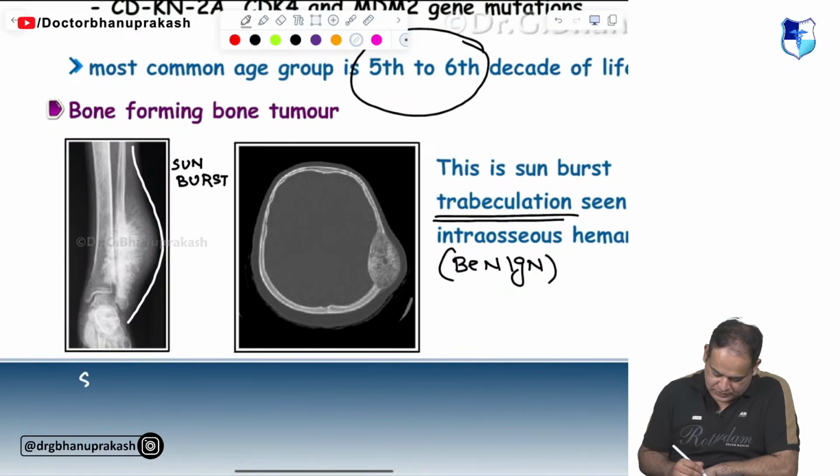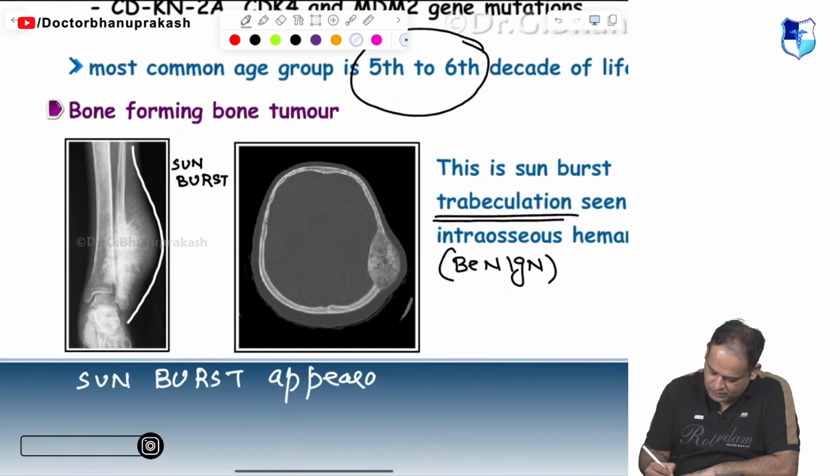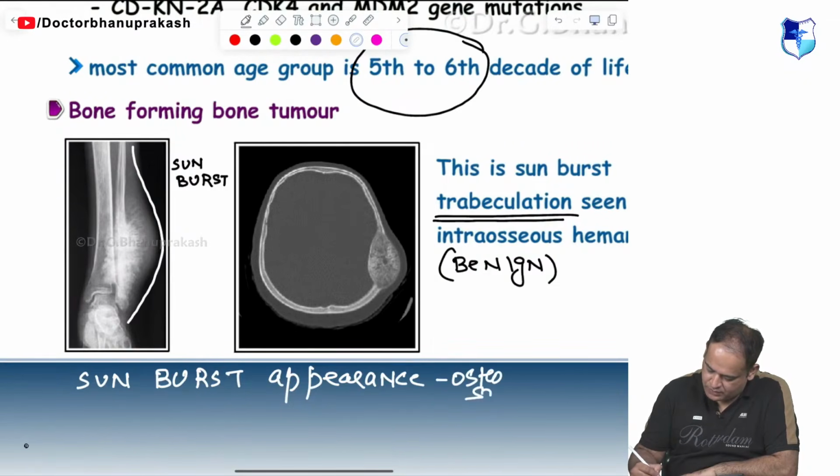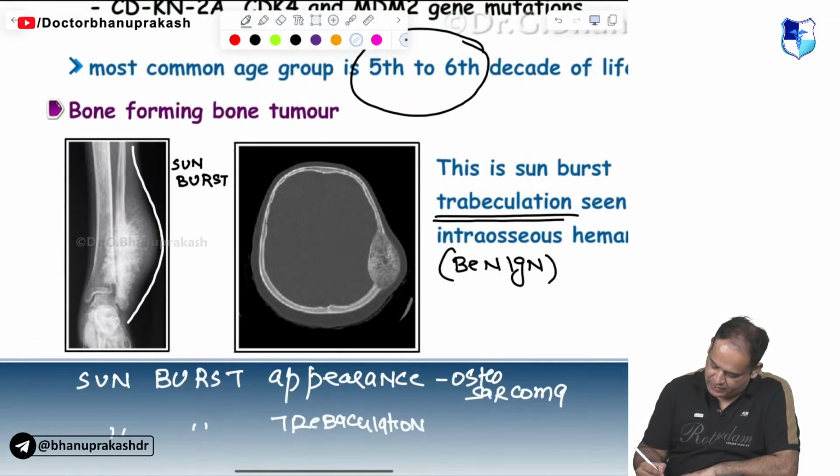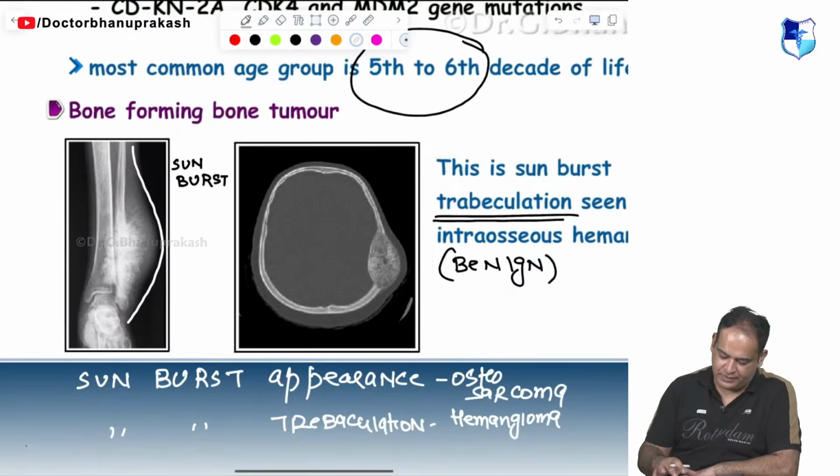So, sunburst appearance is seen in osteosarcoma, and sunburst trabeculation is seen in hemangioma, right?